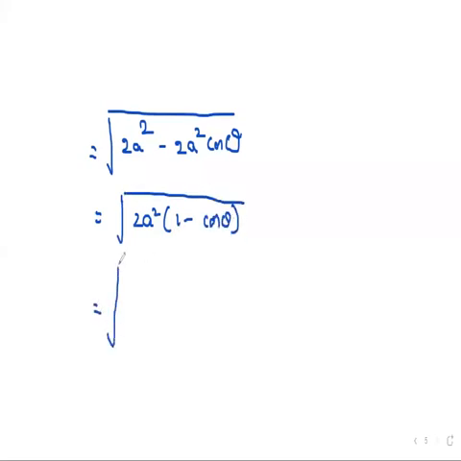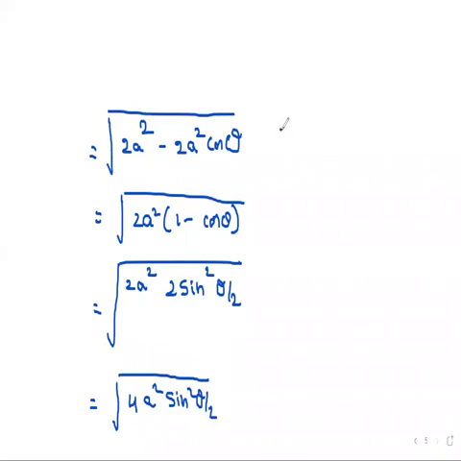Taking the formula for 1 minus cos theta, do you remember that? I gave the basic formulas according to cos 2 theta. 1 minus cos theta will be 2 sin square theta by 2. In trigonometry you have these simple relations. That is root over 2 into 2, 4, A square sin square theta by 2.